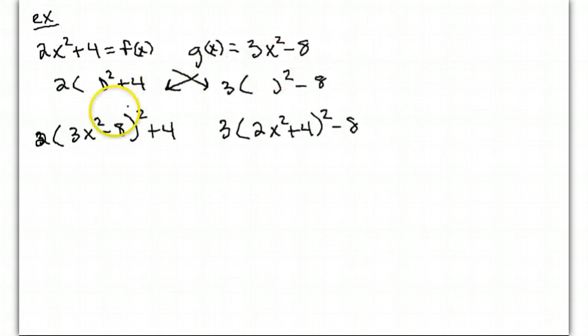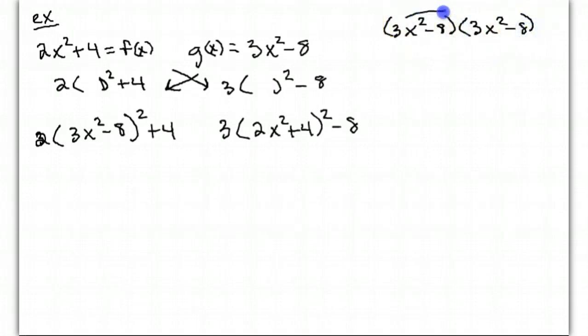When you take 3x squared minus 8 squared, that's really 2 of them. So you have a 3x squared minus 8 times another 3x squared minus 8. And you multiply the 2, you take the 3x squared and you send it through both. So that's going to give you a 9x to the 4th minus 24x squared.